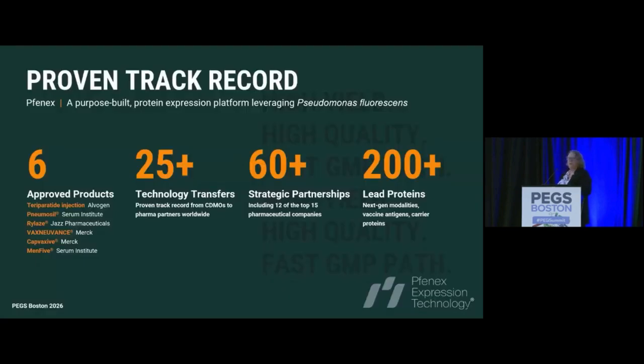We do have 6 products that are on the market, FDA, EMA, WHO approved, using Pseudomonas fluorescens as the expression platform. We've got a team that's very capable of scale up, process development. We've done well over 25 different tech transfers around the world and worked with a really broad array of different proteins.